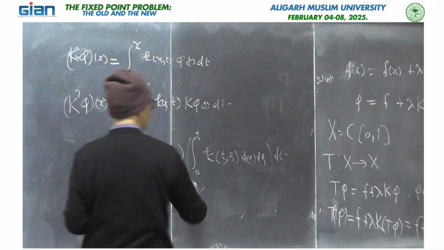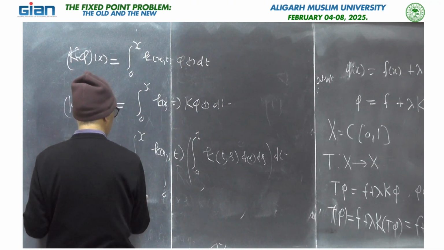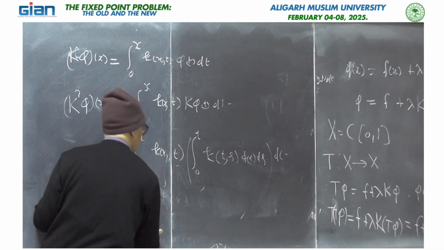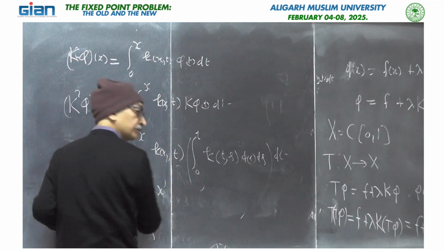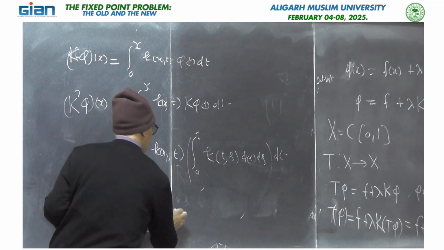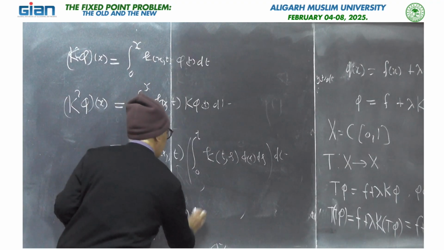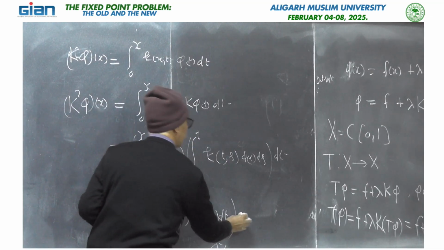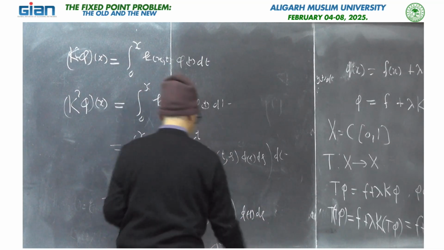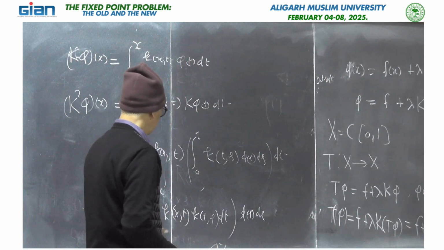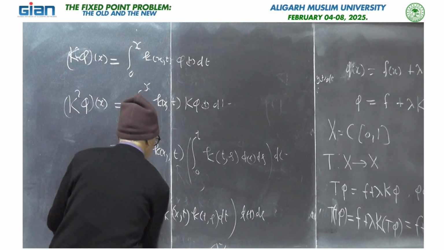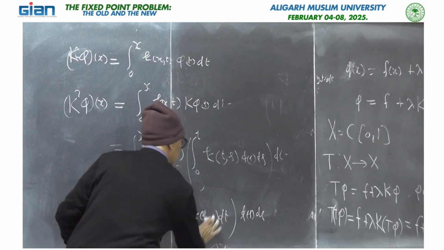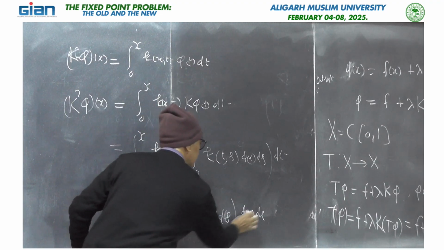So change the order of integration, recall what I have explained there, and you will get the integral 0 to x, with s going to x, and k(x,t) and k(t,s) going inside dt, and then phi(s) ds. I again change these dummy variables, writing it as t to x and s, just interchanging t and s.